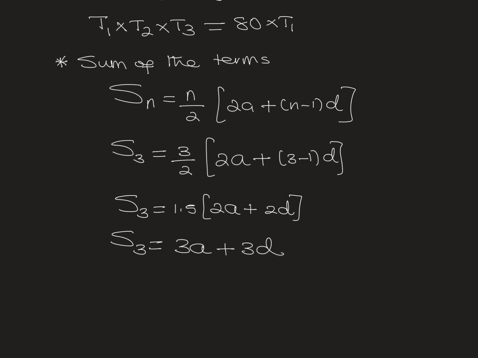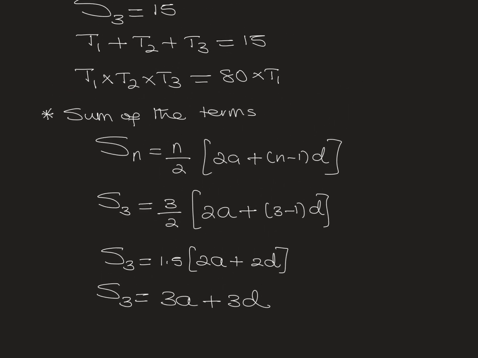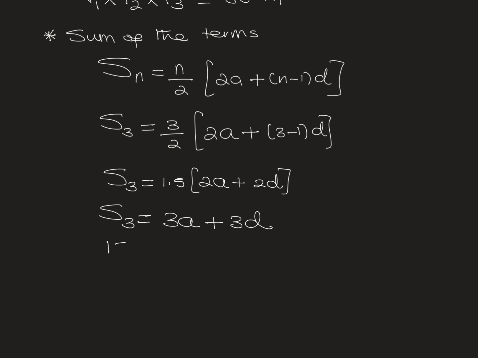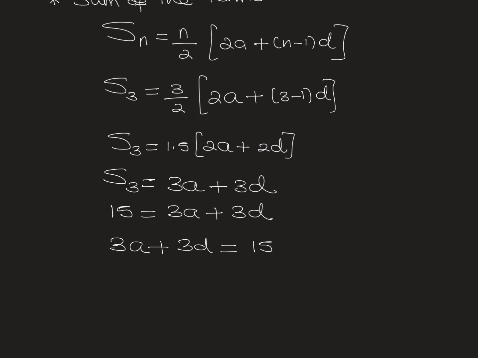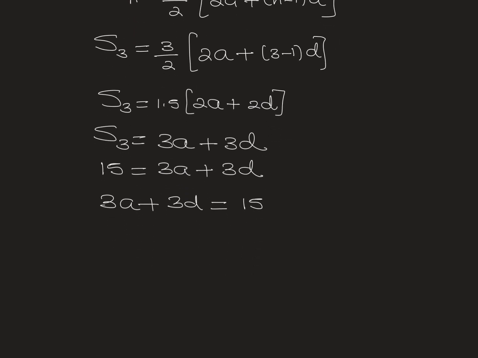So what is the sum of the first three terms? It is 15. So 15 is equal to 3a plus 3d, or you can write it this way: 3a plus 3d is equal to 15. If you want, you can factorize 3 out.